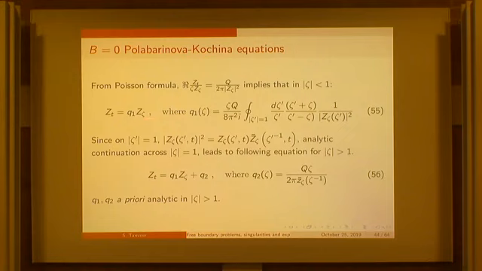In the process, you collect the residue from Cauchy's theorem at zeta prime equal to zeta, and that gives you this extra piece. So this is Polubarinova-Kochina. So what are we doing? We're studying the equation in the unphysical complex plane, which is the exterior of the unit circle.